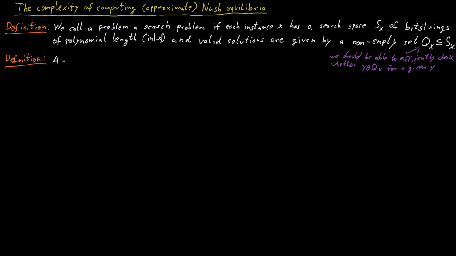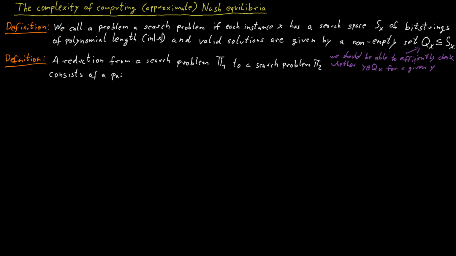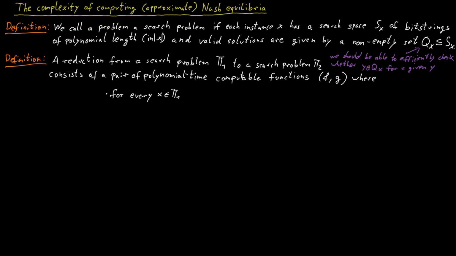And a reduction from a search problem P1 to a different search problem P2 consists of a pair of polynomial time computable functions, say f and g, where for every x in P1, so we have some instance of the first problem, we have f of x is in P2, so we can transform, using this function f, an instance of the first problem into an instance of the second problem.